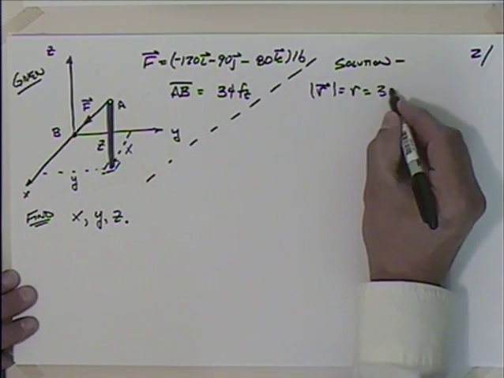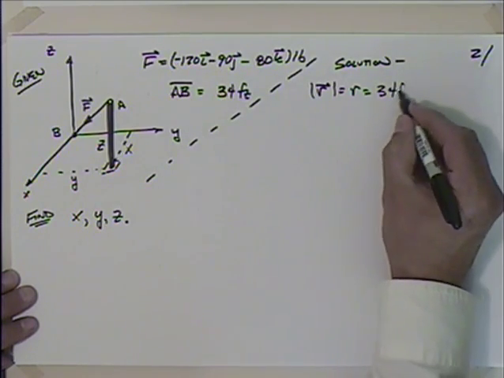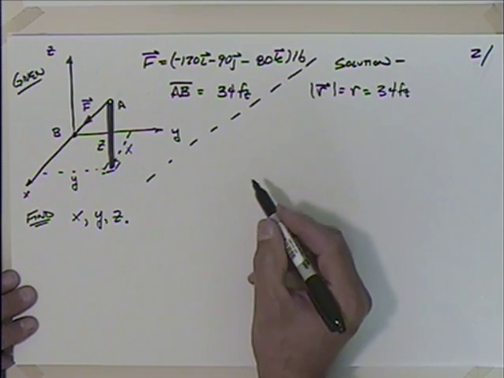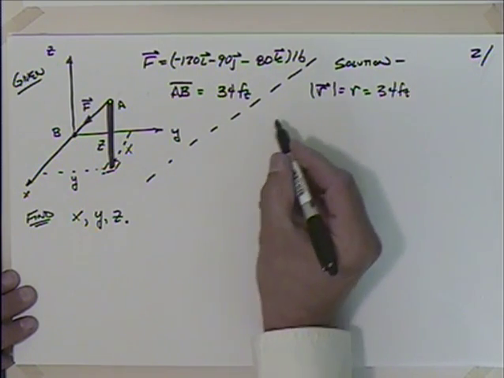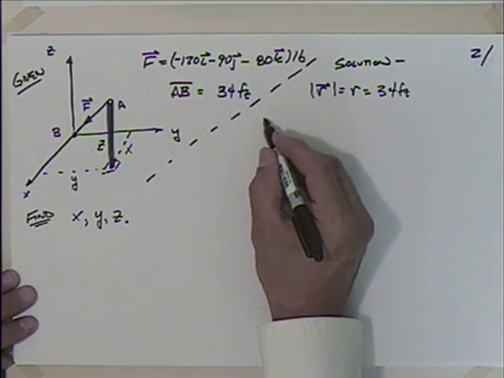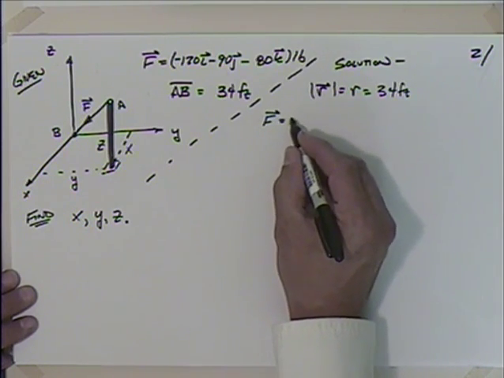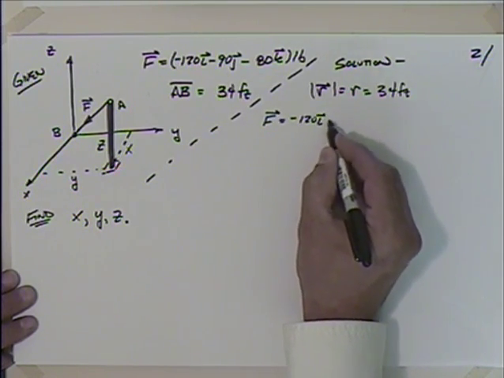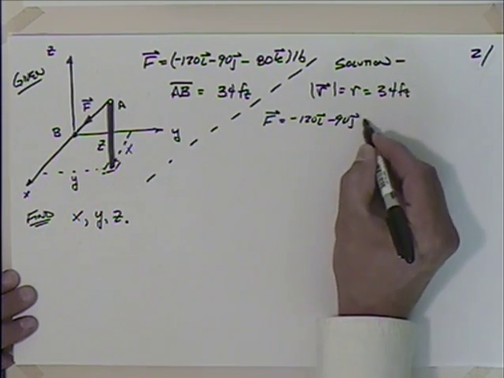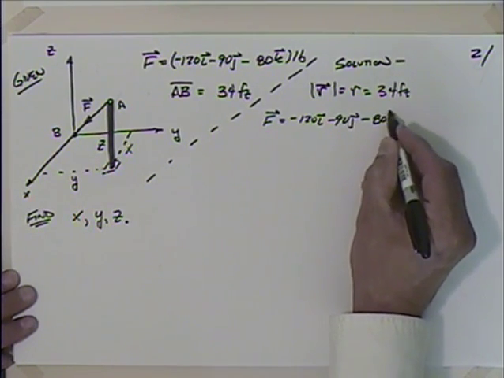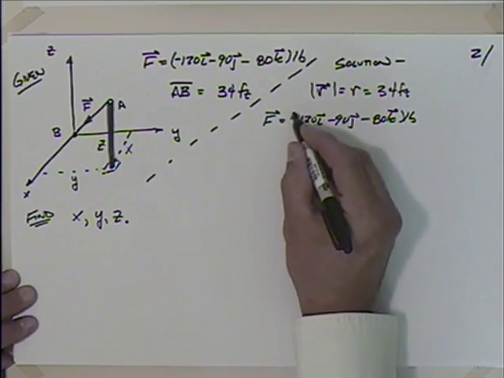That'd be that 34, wouldn't it? Okay, 34 feet. So that's one little piece of the puzzle. And we know what F is. That's minus 120 in the I, minus 90 in the J, minus 80 in the K pounds.